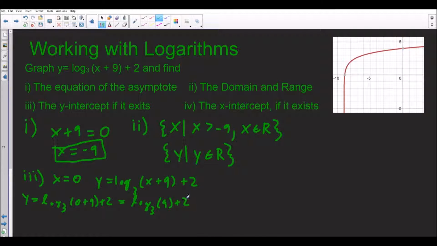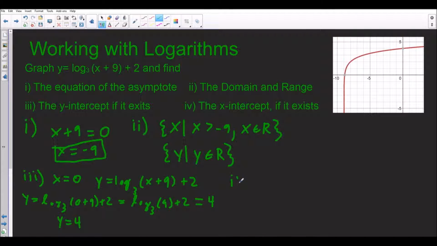We can calculate this in our calculators, and what we end up with is 4, because we can just put log with a base of 3 and an entry of 9, and then add 2, and we end up with 4. So y is equal to 4 is the y-intercept. Okay, so the y-intercept is 4.